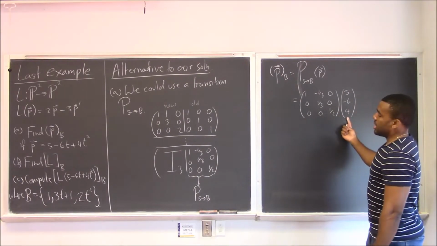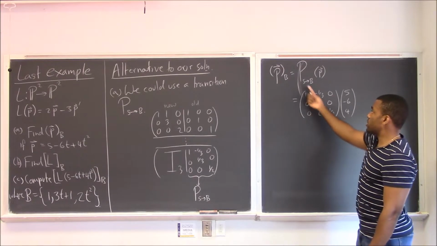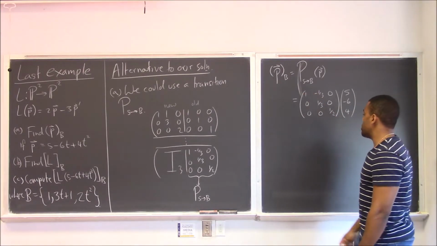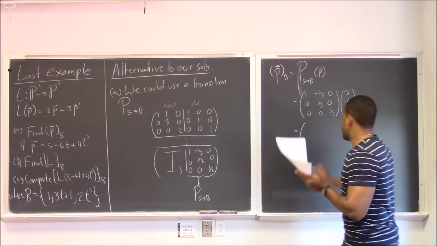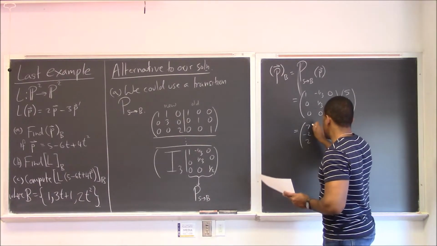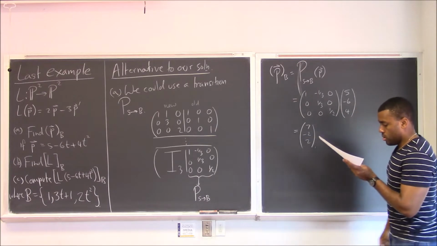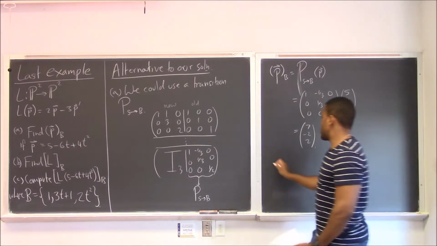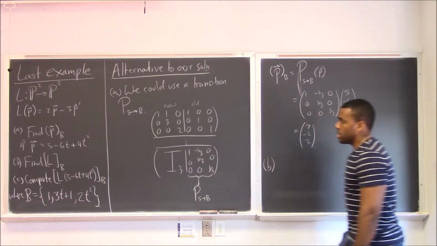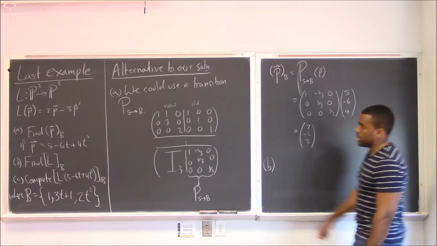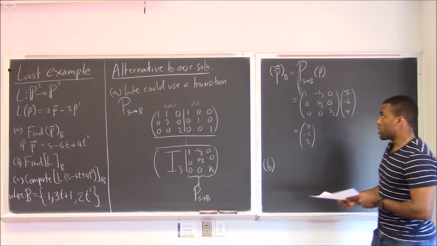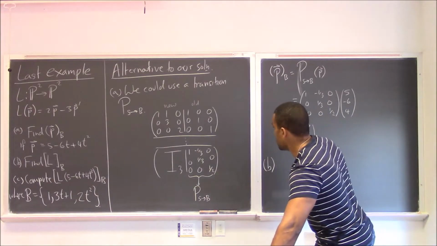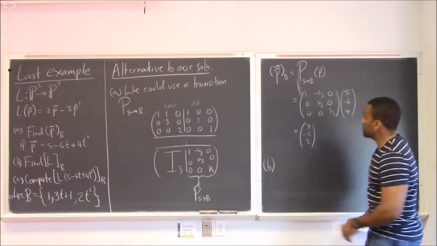So this is in the standard basis. This transitions from the standard basis to the basis B, and that would actually give you the 7, minus 2, 2. So that's an alternative to part A. You're right, you still have to do some row reduction, but instead of jumping around, you can just do it in one fell swoop.